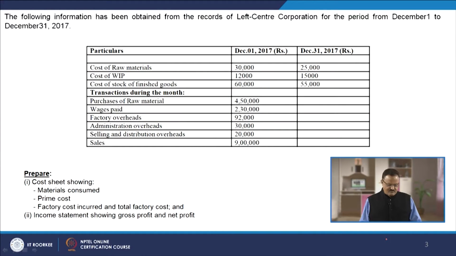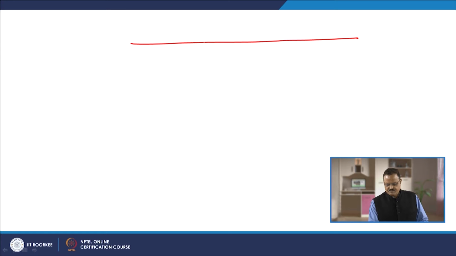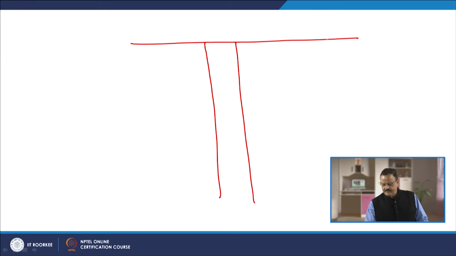So, after preparing the cost sheet in the previous class, now we will learn how to prepare the income statement separately. And for preparing the income statement, let us now follow the T format and learn how to prepare it here. So, for preparing the income statement here, I will prepare a T format, right. This is the T format, and in this format we will put things like this.